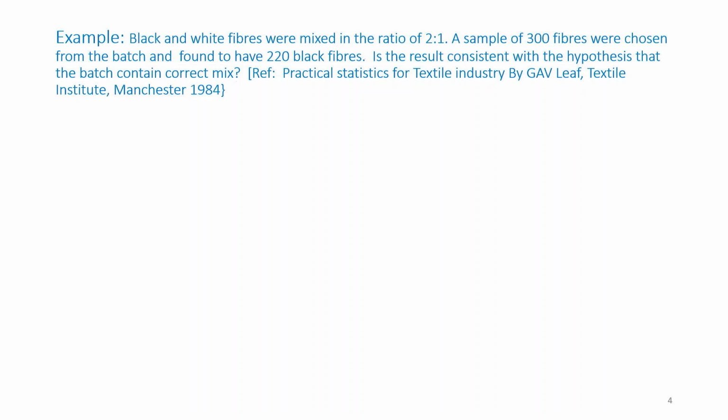So the question that is raised is, does the batch contain the correct mixture or not? So the solution will be: the proportion of black fibers is how much? 0.66. P is actually 0.66.